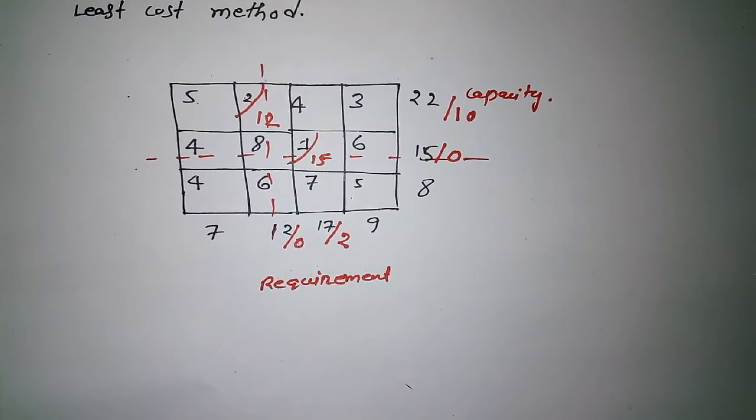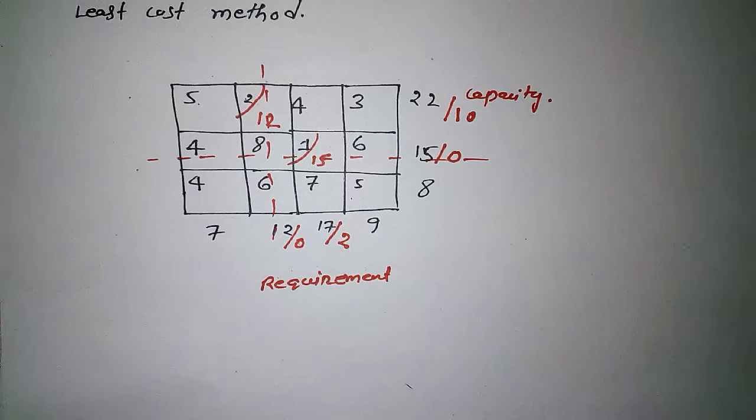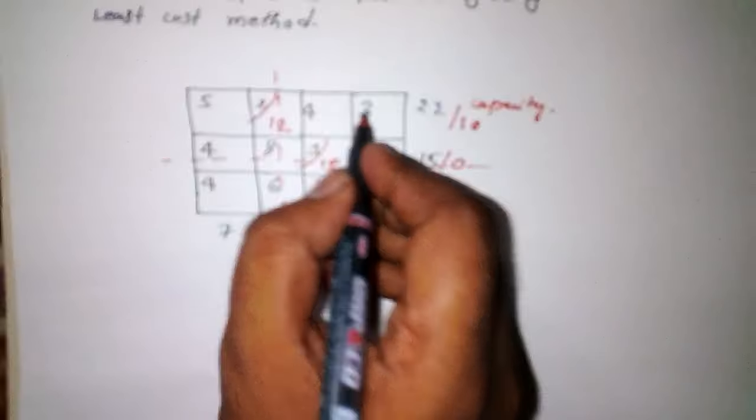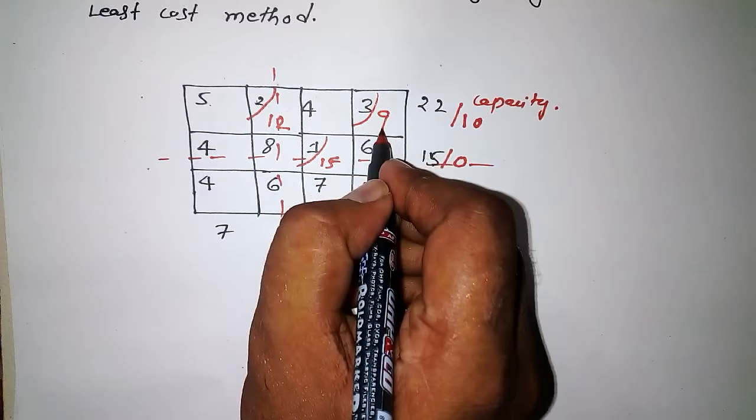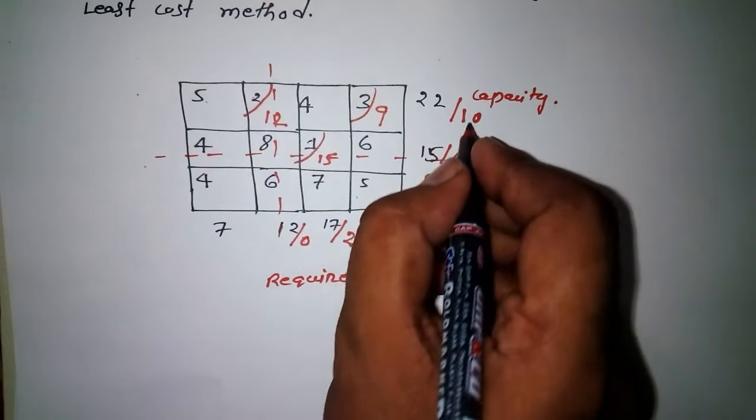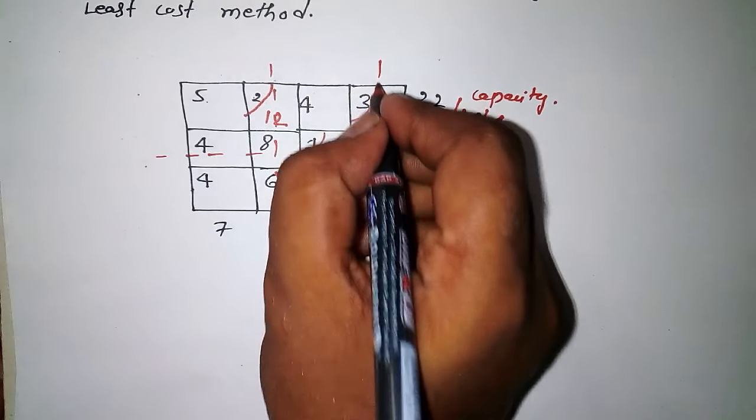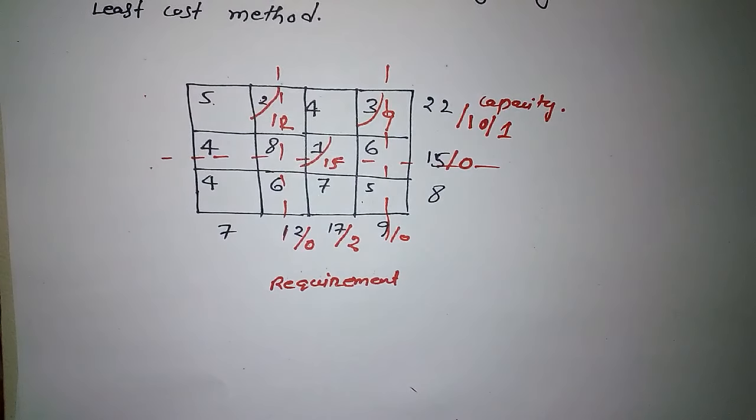Again we see below as well as in front. Below the demand is 9 and the remaining capacity is 10, so we can fulfill the whole demand, and the remaining will be 1. Now we cross this. We are having only 4 values: 4, 4, 5, 7.